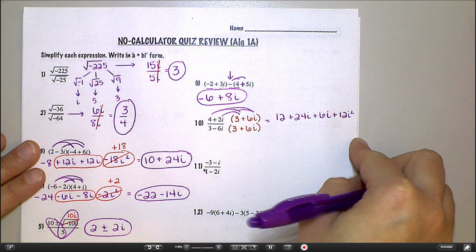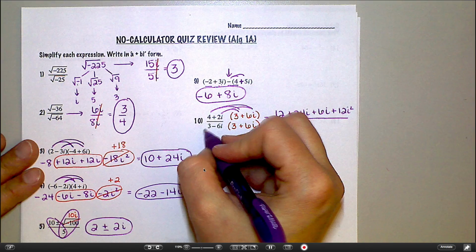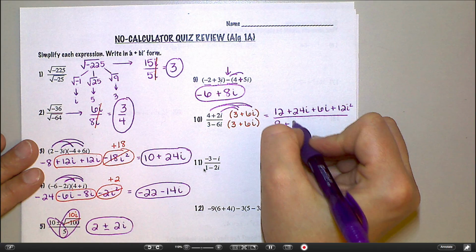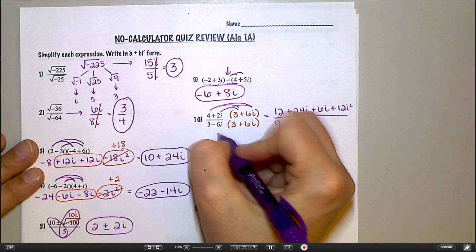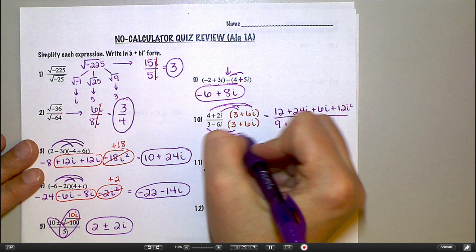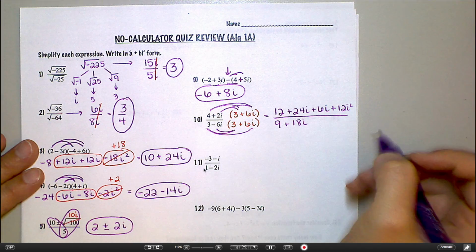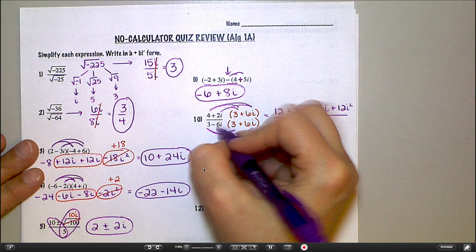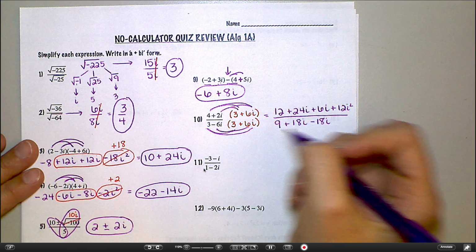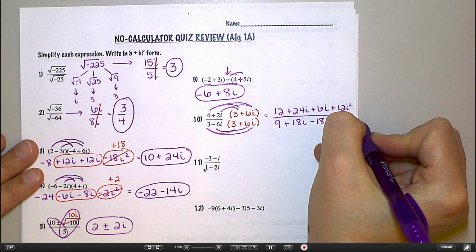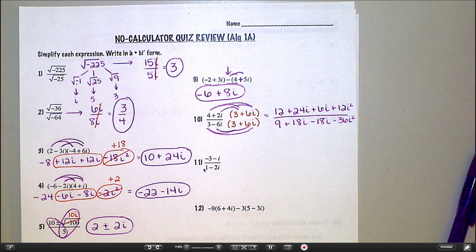On the bottom, 3 times 3 is 9. 3 times 6i is 18i. Negative 6i times 3 is negative 18i. And negative 6i times 6i would be negative 36i squared. So FOIL on the top, FOIL on the bottom.